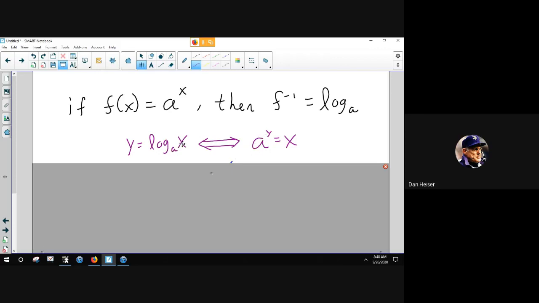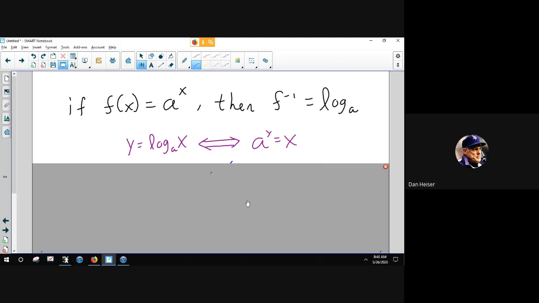Base to a power, log base. That's not a coincidence. This is the base for a reason. It's the base of the logarithm that has its inverse. Base to a power, a log base something, is equal to a power.